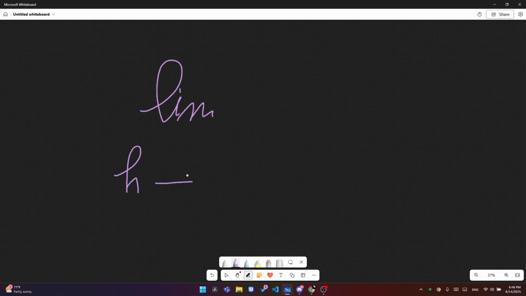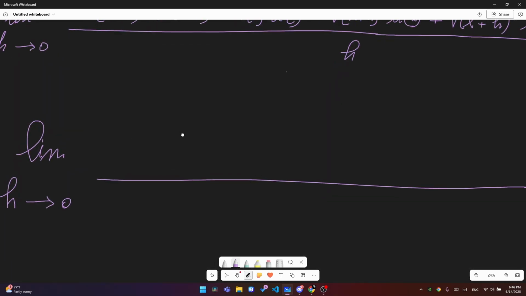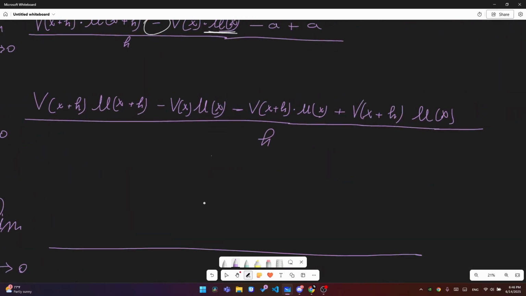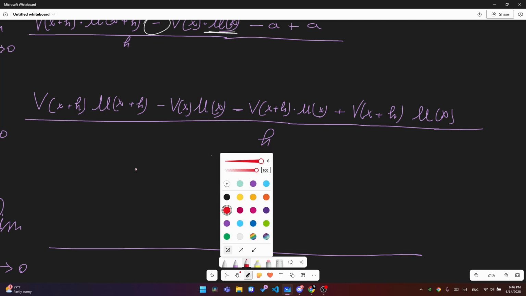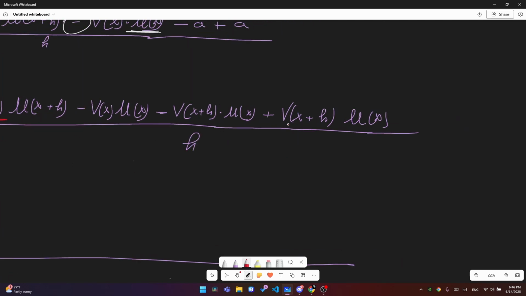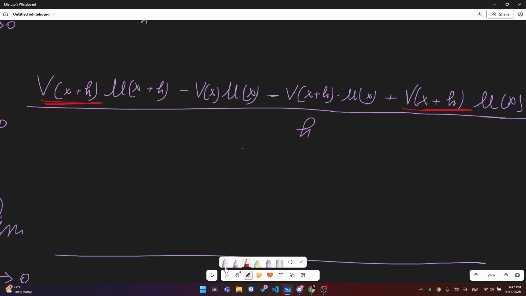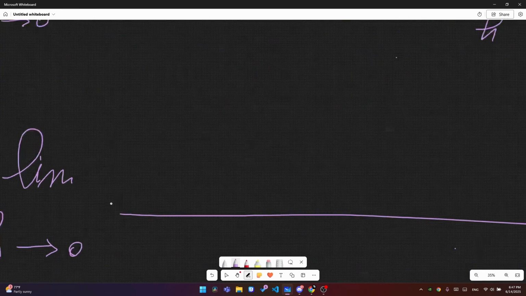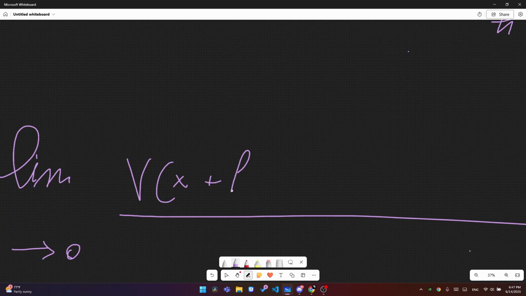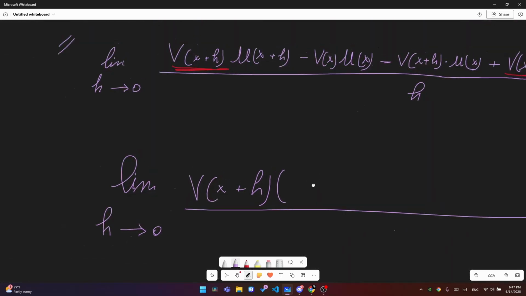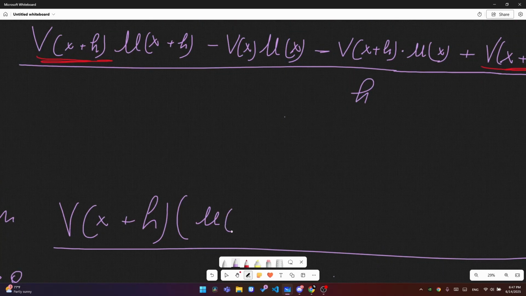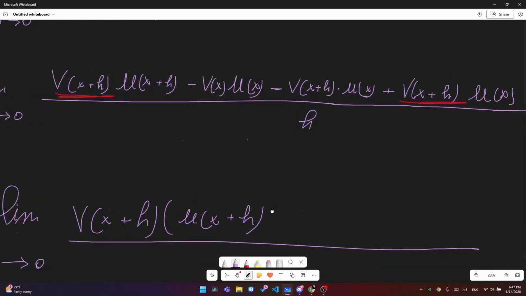So we got the limit, and I'm trying my best to not write in cursive. We're going to factor out this and this, so this would just be v of x plus h, parentheses u of x plus h.